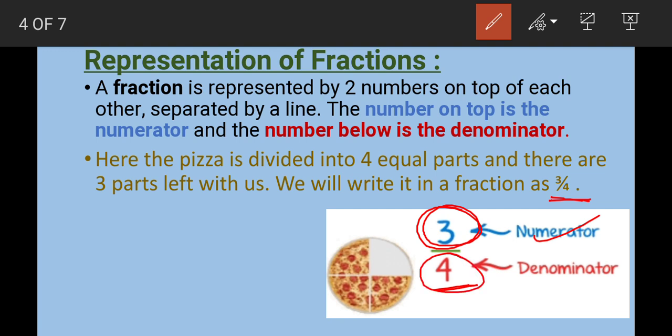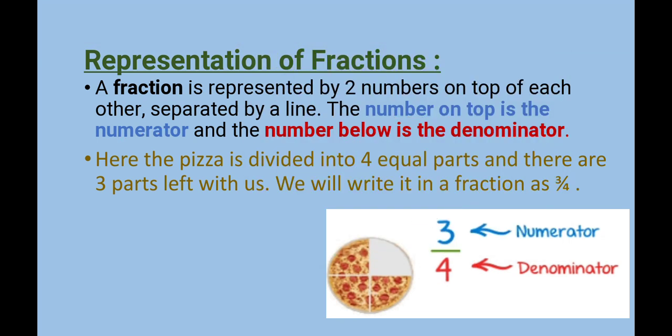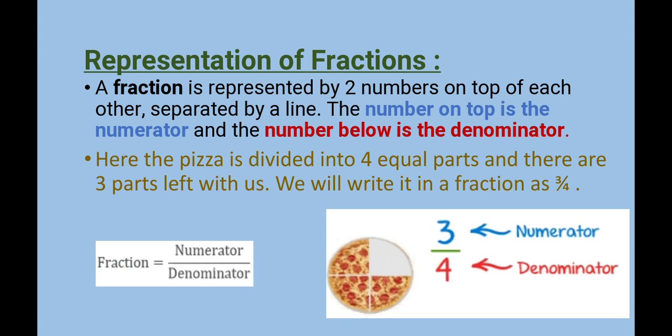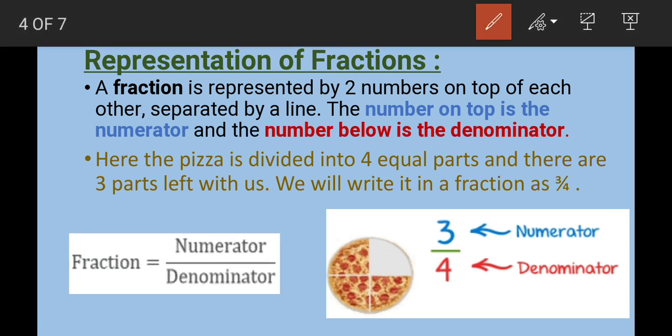The number on the top is known as the numerator, and the number just below it is known as the denominator. A fraction is always written in this form, numerator divided by denominator.